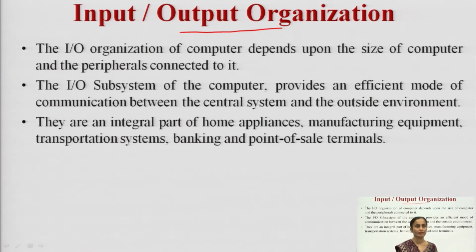The different peripherals, meaning the different input output devices like keyboard, monitor, mouse and nowadays webcam, and how they are connected to the CPU, how they perform the operation and how they respond to the CPU. The input output subsystem of the computer provides an efficient mode of communication between the central system and the outside environment.